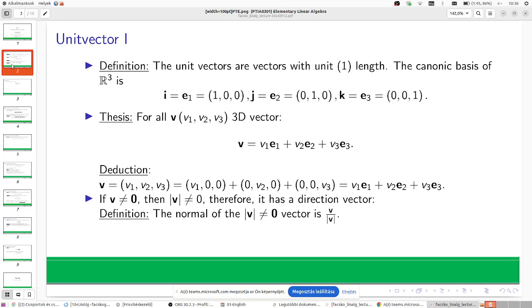I can write this vector in this way, and this is my vector V. I project it here, until here. So that's the V2 component.